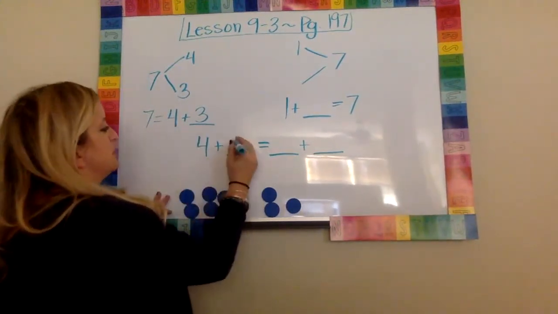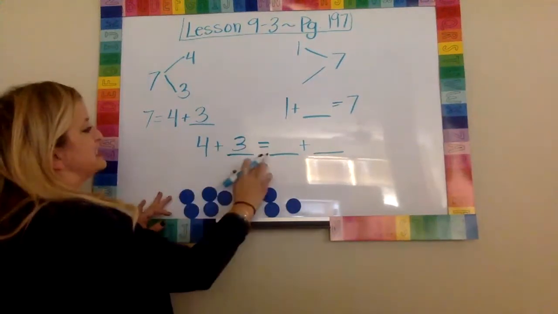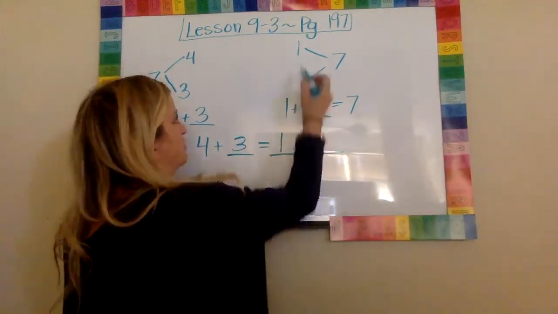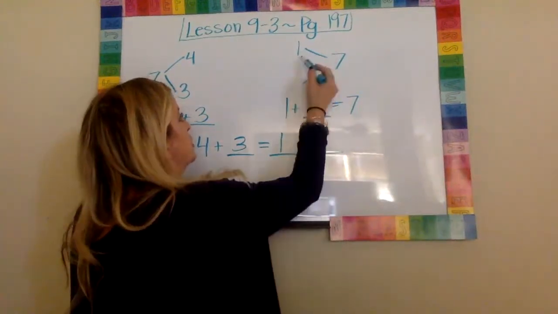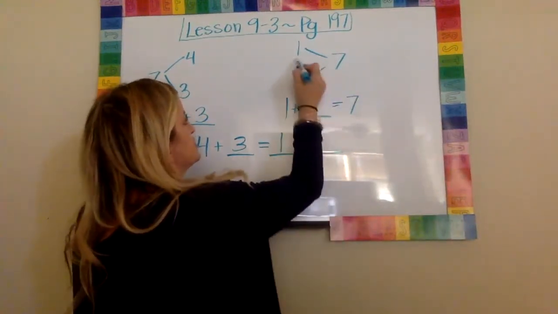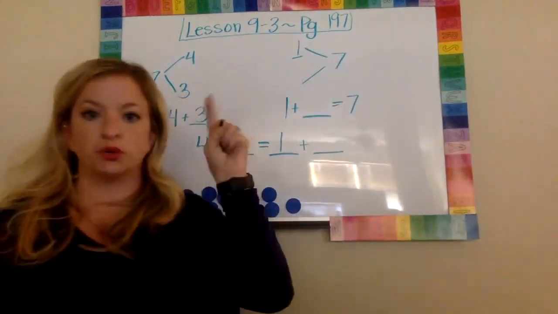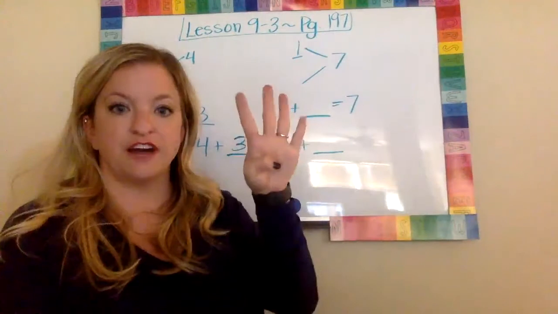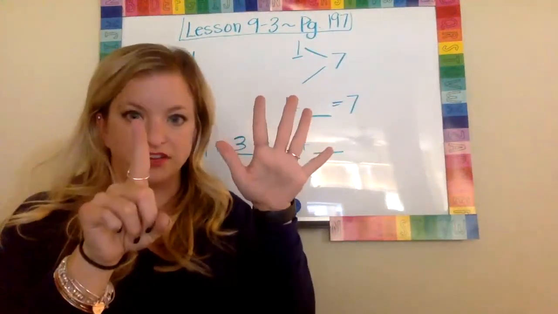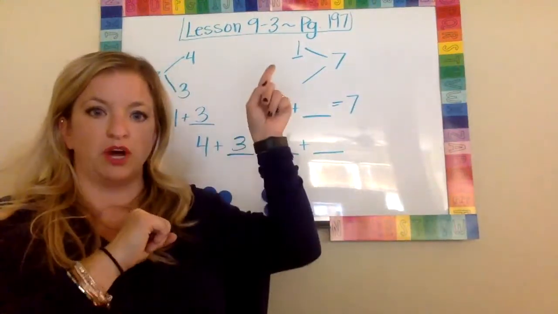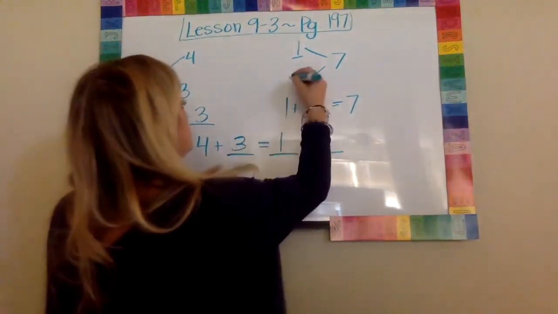4 plus 3 is the same as, well, I know I can drop this 1 down because 1 is a part of the equation. But what else is it? So I'm going to start at 1. I'm going to stop at 7. 1, 2, 3, 4, 5, 6, 7. I added 6 fingers on to my 1 to get to 7.